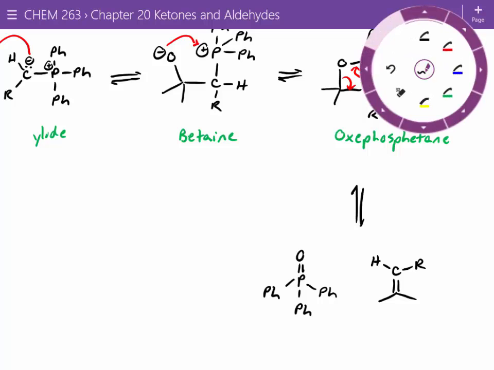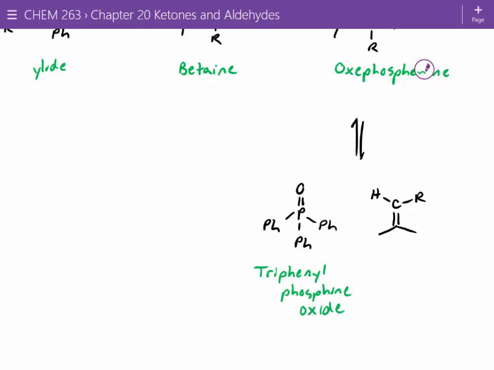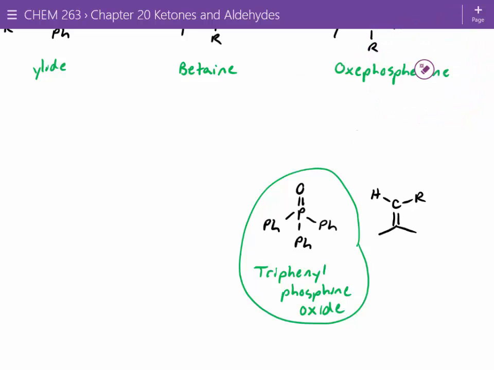And then our byproduct for this reaction is triphenylphosphine oxide. Triphenylphosphine oxide is like forming a rock. Once you make it, it's very, very hard to unmake. And so this is a thermodynamic driving force. And in fact, I'm going to go back and redraw this as a single-headed arrow. Sorry.